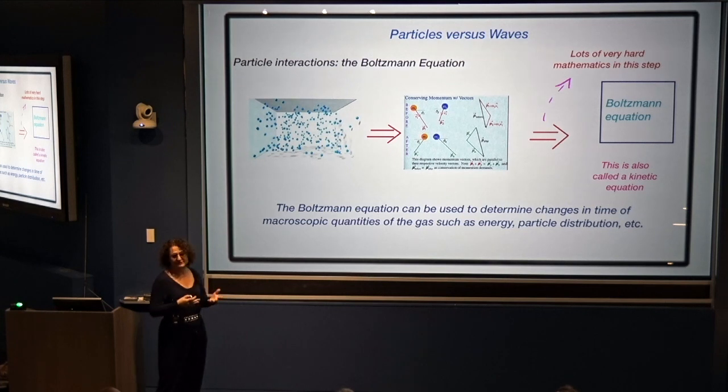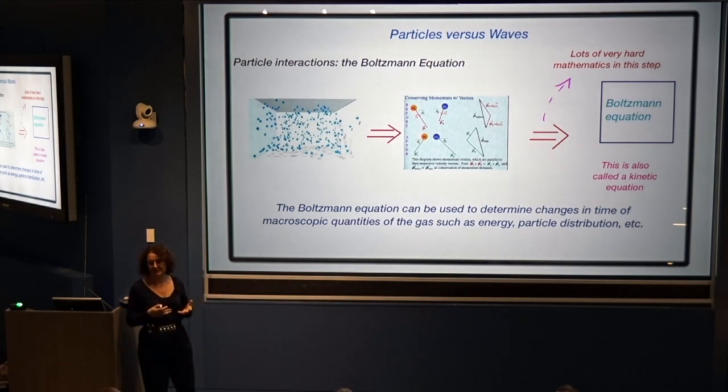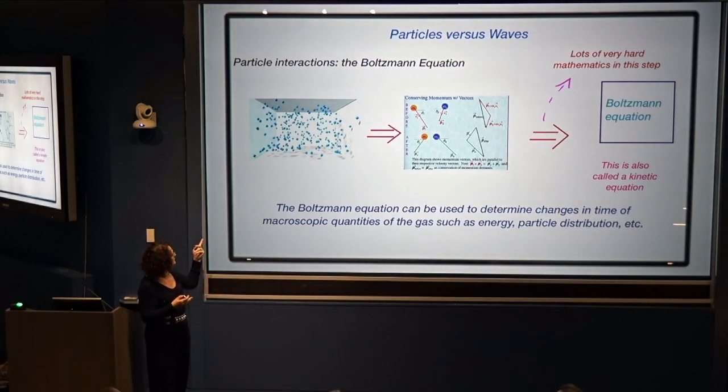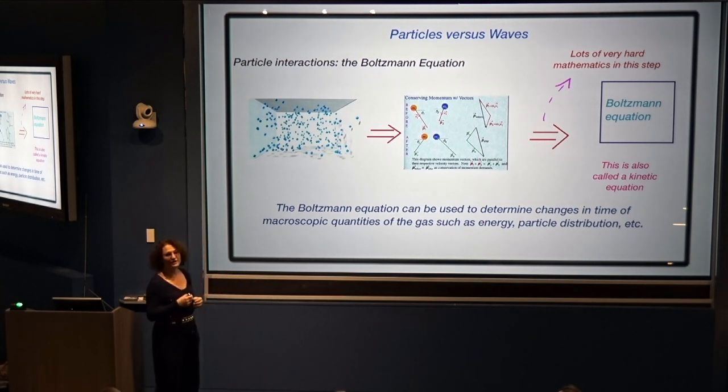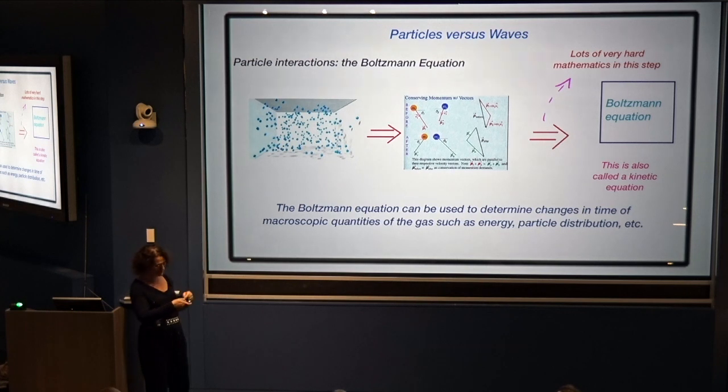So the particles interact by using fundamental laws of physics. And in particular, when we are looking at a gas at this temperature, for example, we will use the physics of billiard balls bouncing against each other, and then there are very geometric pictures that you can deduce here.